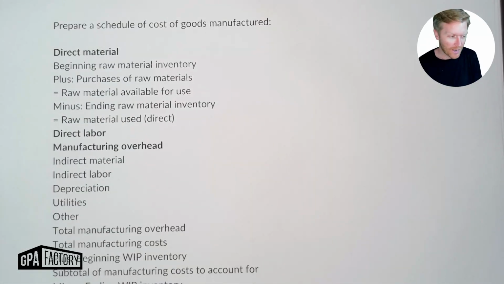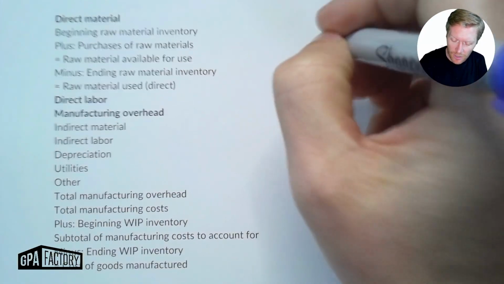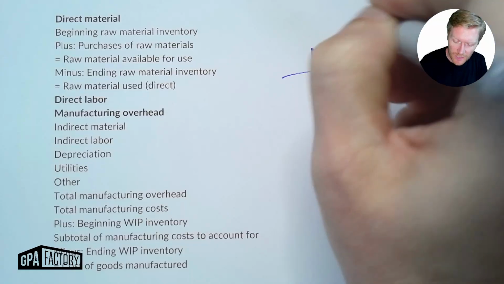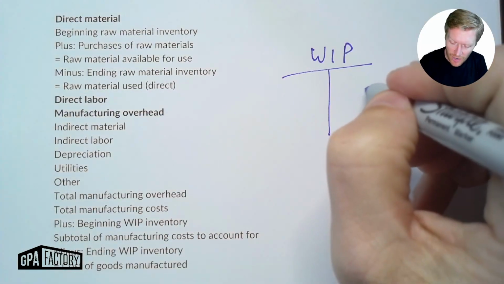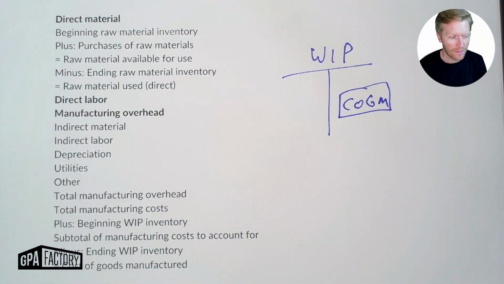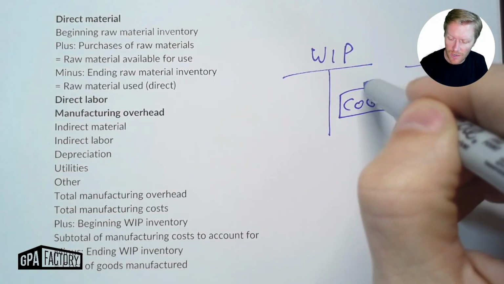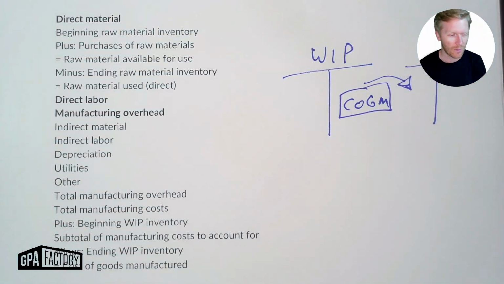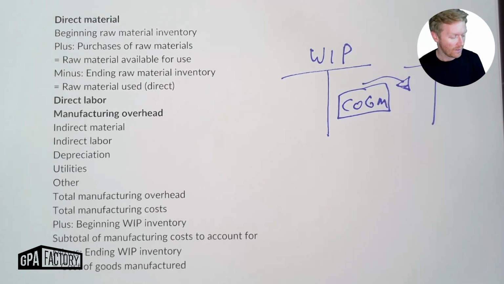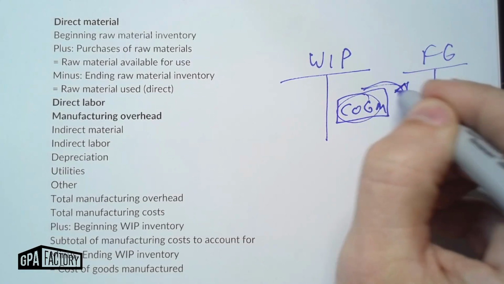So ultimately, in a schedule of cost of goods manufactured, we are taking a look at our work in process and trying to figure out what is the value of the thing that went from work in process over to finished goods. We've got cost of goods manufactured as the amount that goes from work in process over into finished goods.